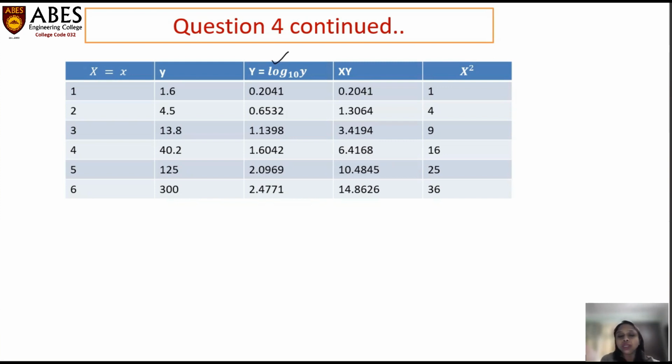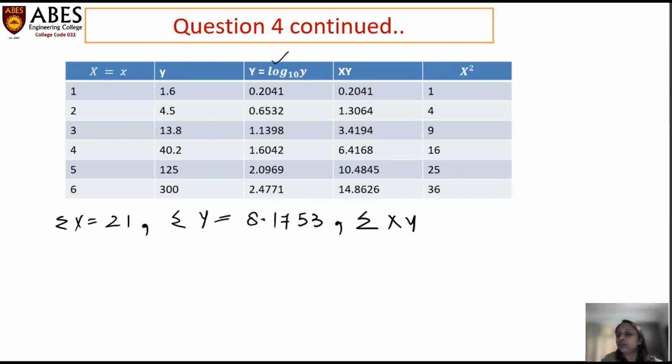Now, the summation of x will be 21. Summation of capital Y will be 8.1753. Then summation xy will be 36.6938. Then summation of x square will be 91.